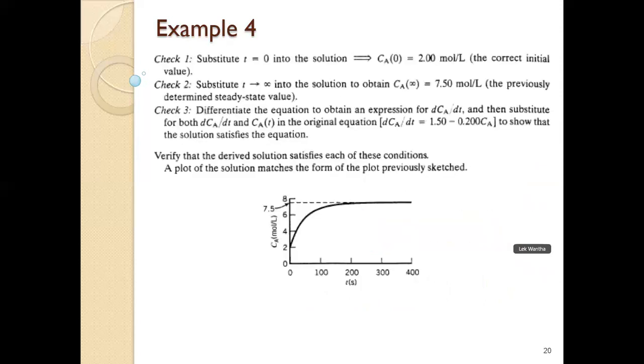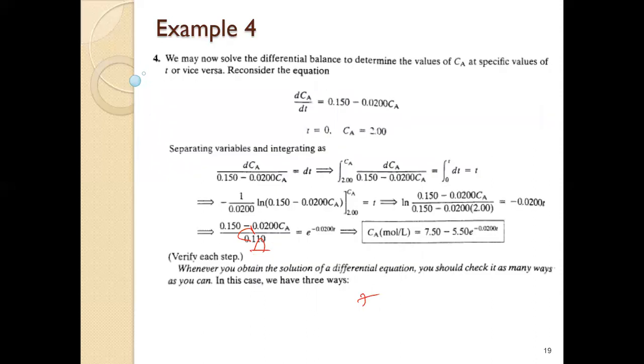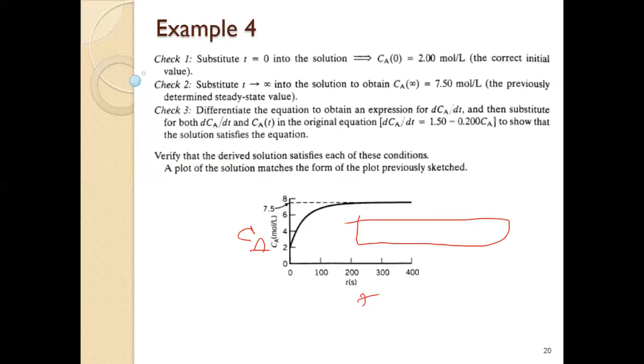And then if you plot CA as a function of time and use this equation, you substitute, you can calculate CA, and then you can plot CA with this equation. This is the initial CA equal to 2 at time 0, and as time approaches infinity you get CA of 7.5.